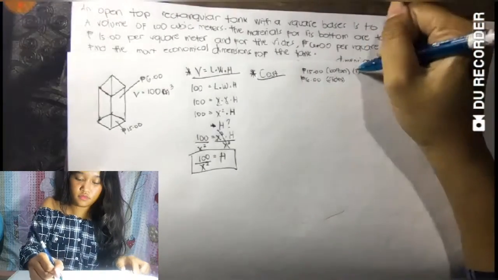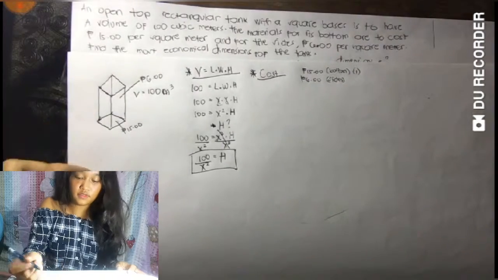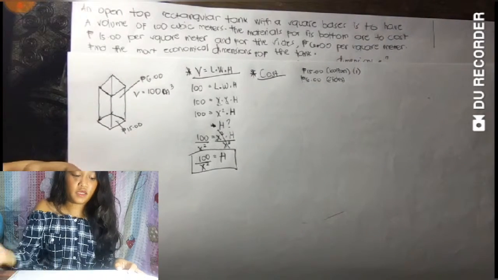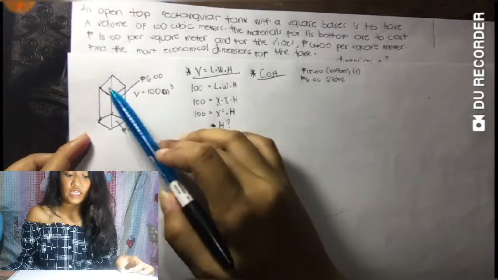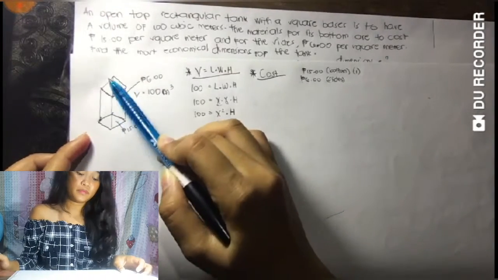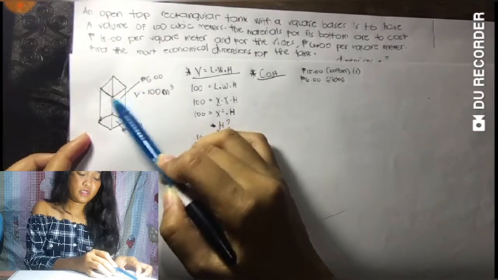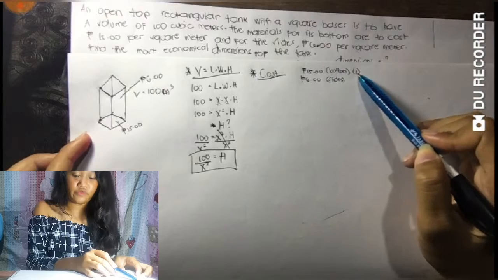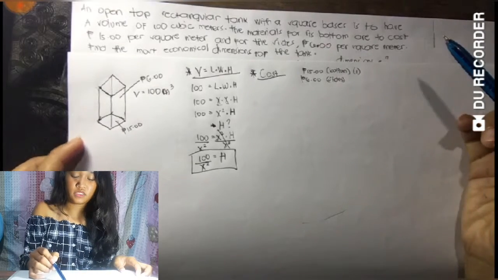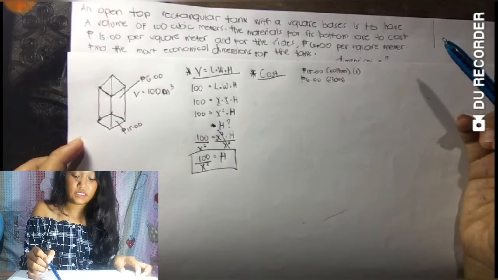So let's just write 1. Because it is an open top rectangular tank. If it isn't an open top, we can also have the measurement of this one, and the base will be 2.